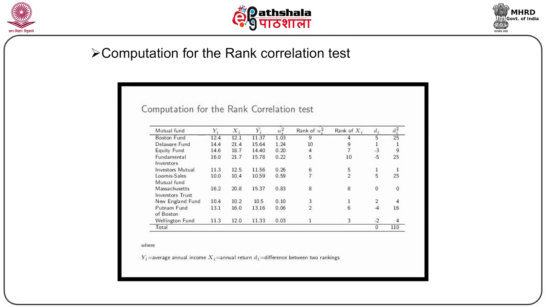For each of these mutual funds, we fit a regression model of yi over xi, and from the regression model, we obtain the estimates of yi, or the estimates of average annual income, denoted by yi hat, and we obtain the estimates of the square of residuals, denoted by ui squared hat.